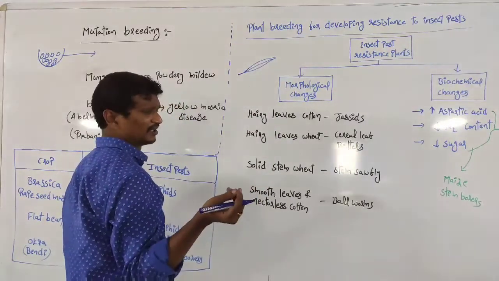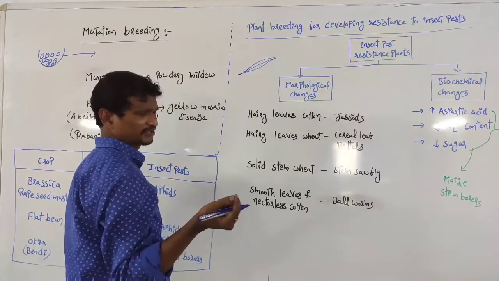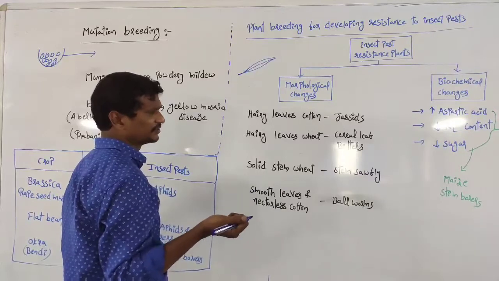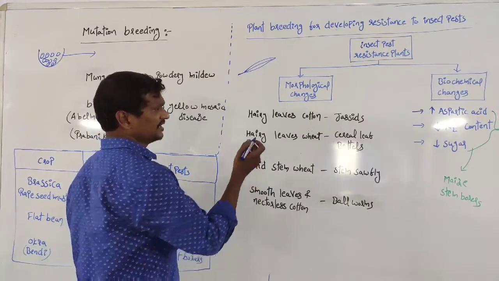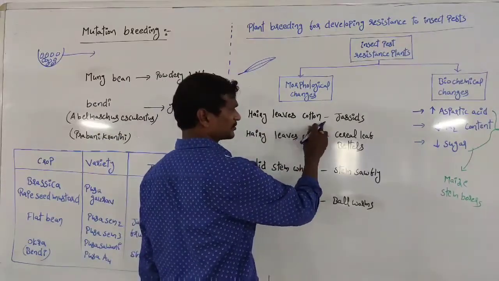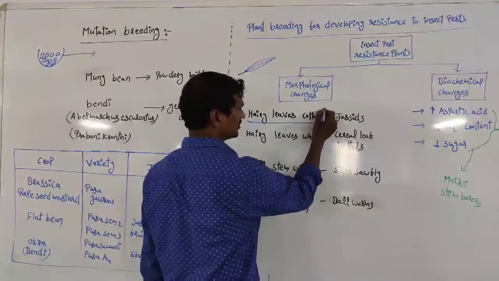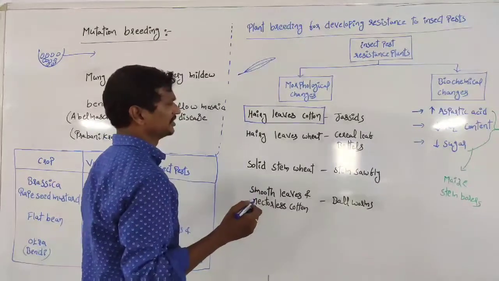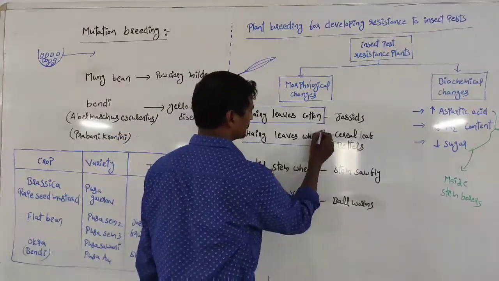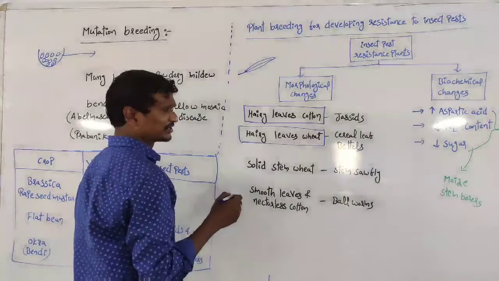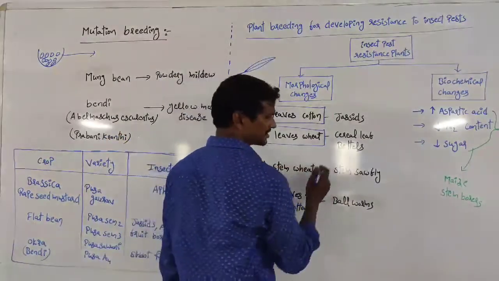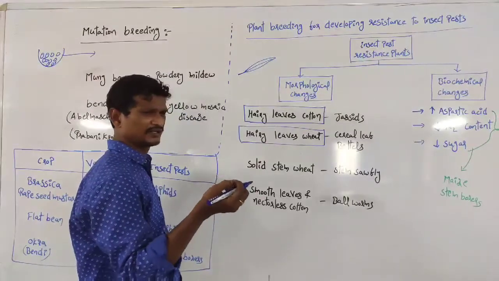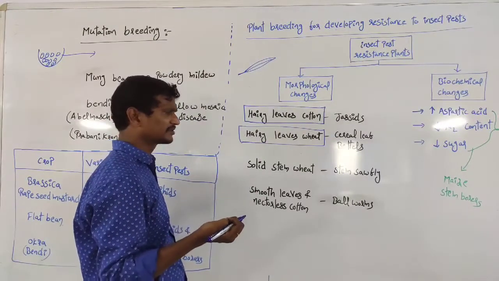These are small fly-like insects involved in sucking the plant juices. Hairy leaves in cotton give resistance to jassids, and hairy leaves in wheat give resistance to cereal leaf beetles. Cereal leaf beetles are small beetles which eat the leaves and other plant parts.